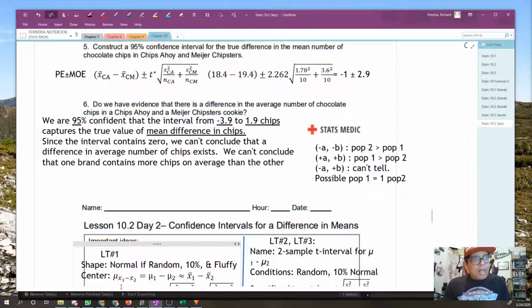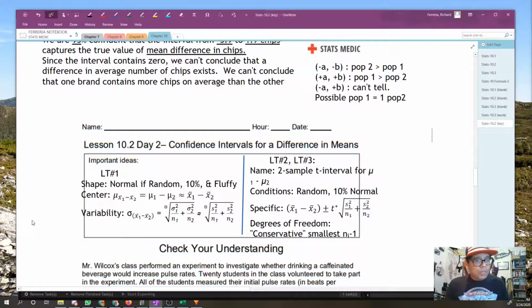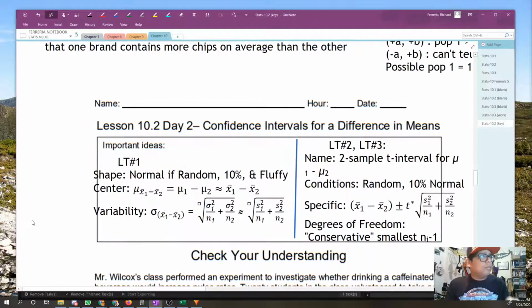Having done that, it's time for us to take a look at our important ideas. Let's scroll down and take a look at those. Okay, so learning target 1. The shape is approximately normal if the 3 conditions hold: randomness, 10%, and of course our friend Fluffy.